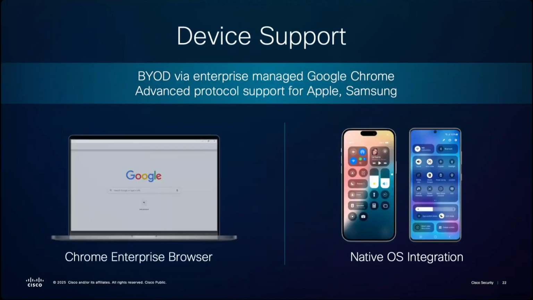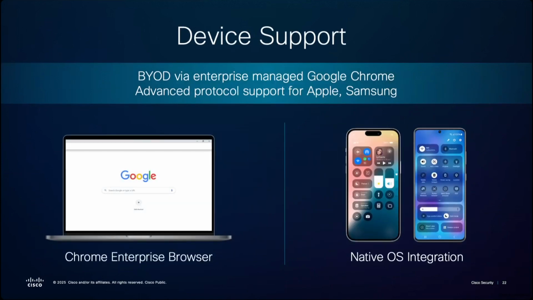Now, when we think about devices, Cisco is one of the few vendors that has a really tight integration with mobile vendors. These integrations allow us to embed the native zero trust access functionality directly into the operating system of the mobile devices itself. What this allows us to do is give users a very transparent experience.